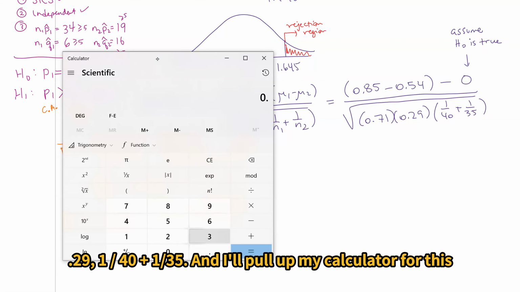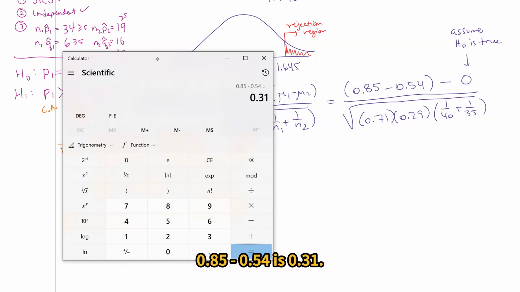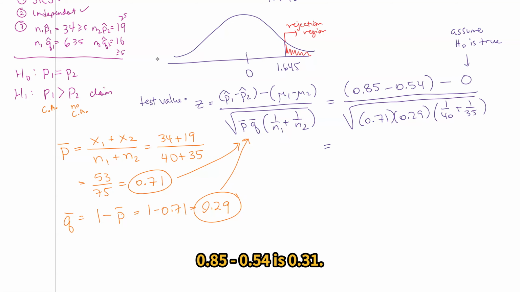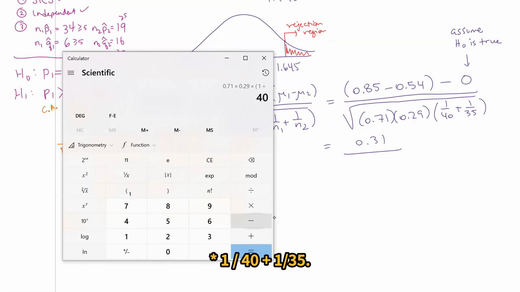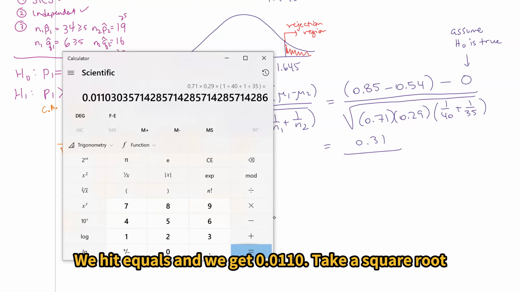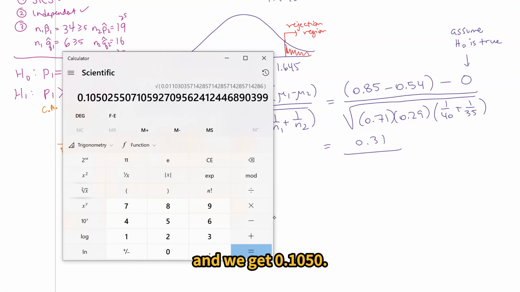And I'll pull up my calculator for this. 0.85 minus 0.54 is 0.31. Calculating the denominator, 0.71 times 0.29 times 1 over 40 plus 1 over 35. And we hit equals, and we get 0.0110. Take a square root, and we get 0.1050.